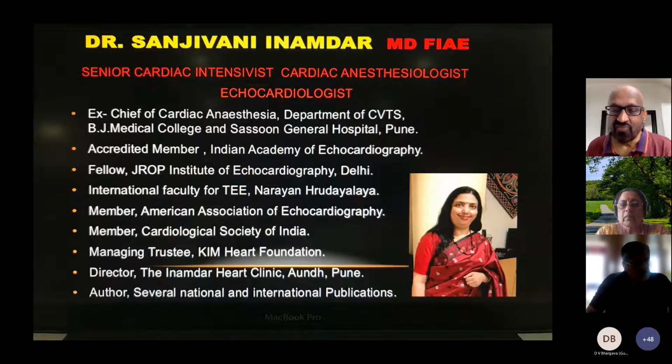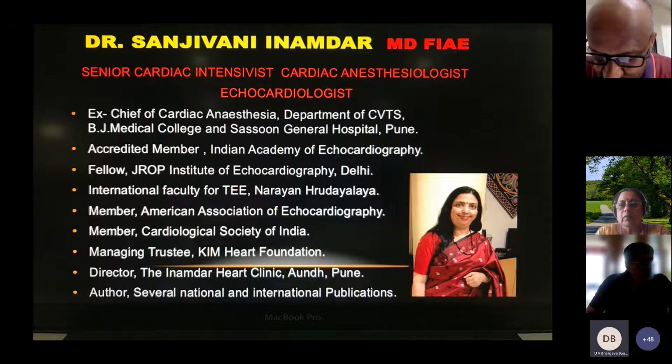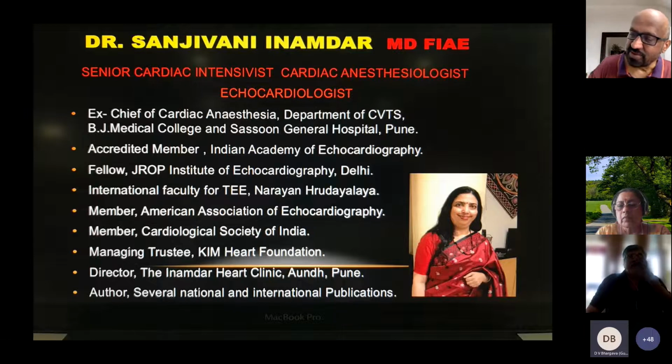Is the value of E by E prime determined from TT from the outpatient department, or are you doing it on table? It's on table, sir. Just before induction, when someone is putting in the radial line, I do a transthoracic echo and get an E by E prime, so that I can have an estimate of the diastolic dysfunction.